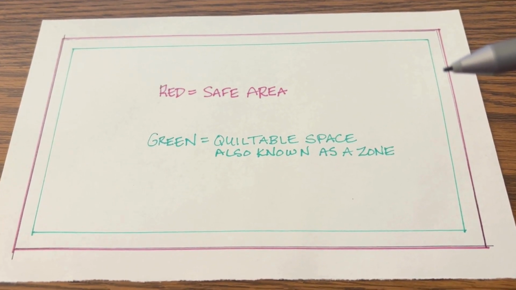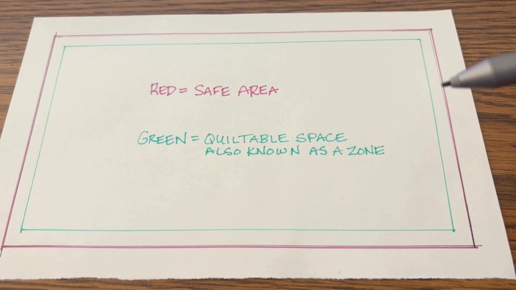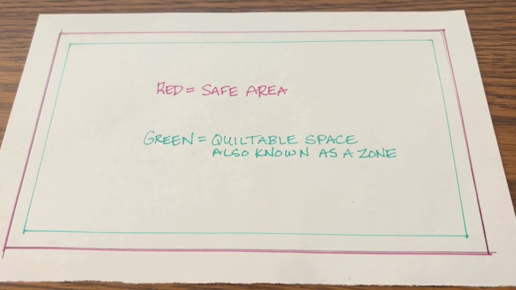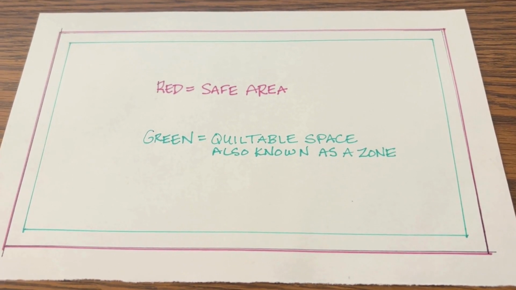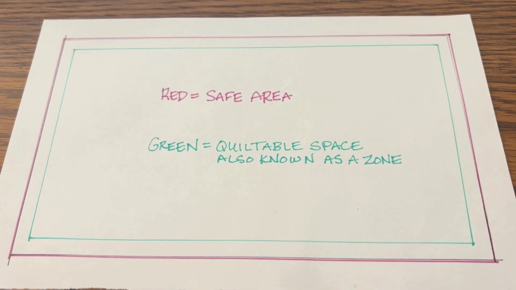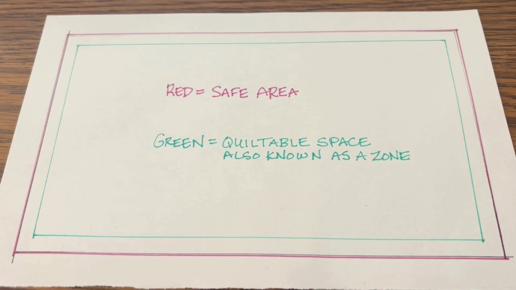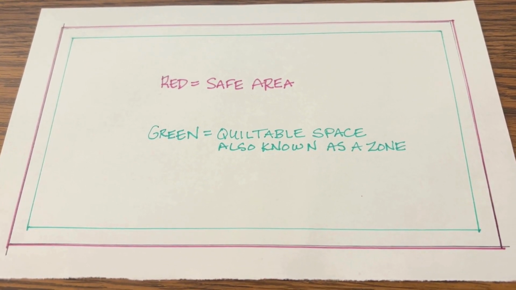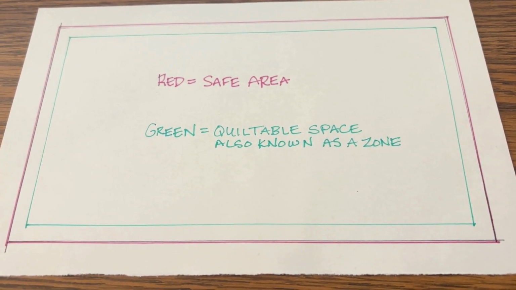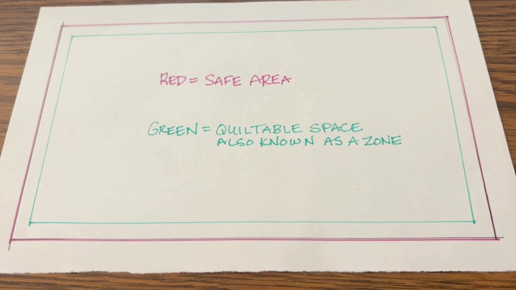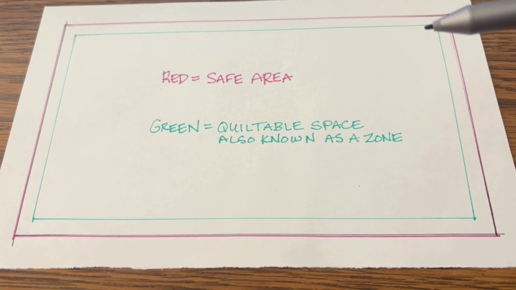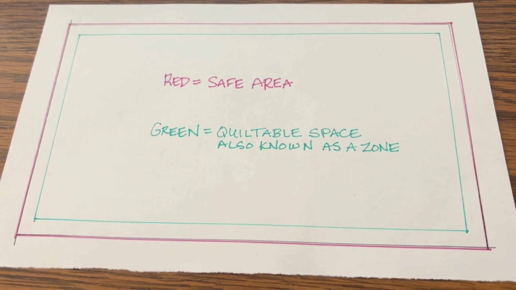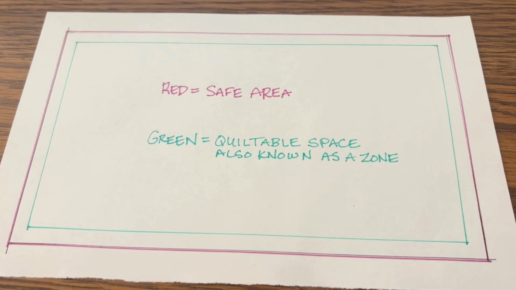You want the zone to be smaller than the safe area because you have to place it inside the safe area. So you can see that the bigger your safe area and the smaller your quiltable space, the smaller your quilt zone, the easier it's going to be for you to place one box inside the other. It doesn't mean you can't do it if they're close to the same size, but it becomes more complicated and you want to avoid that if possible.